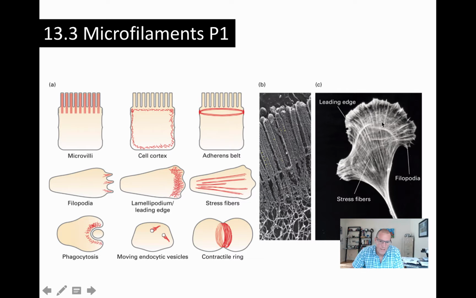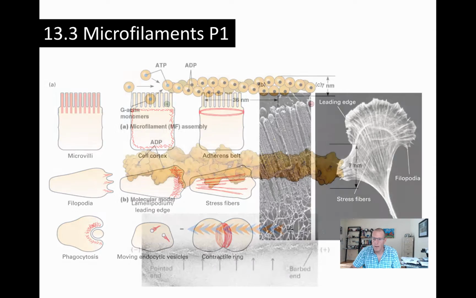In this crawling cell here, we can see a network of actin just under the leading edge. We can see it in the filopodial spikes, and then we can see these stress fibers which act as providing tensile strength and anchoring the cell cytoplasm to the substrate when the cell is crawling.